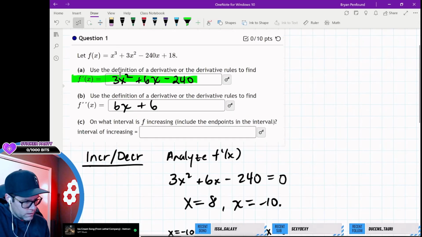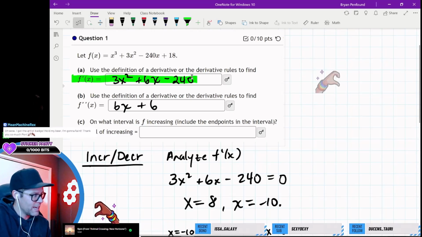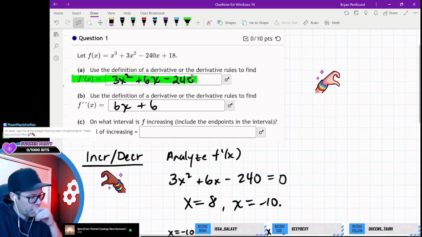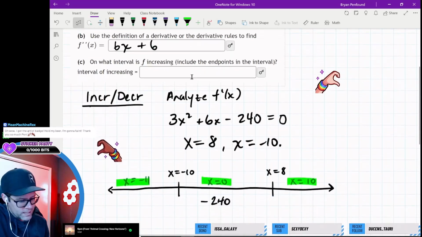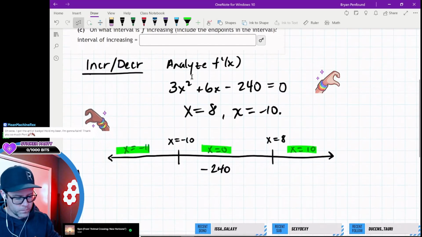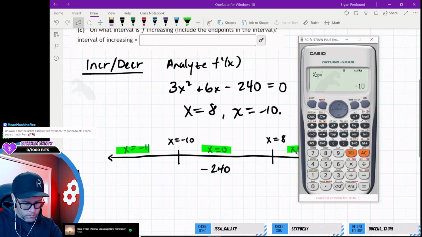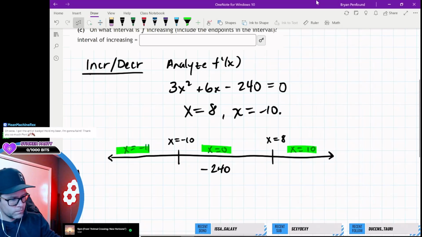So if I put 10 in, what do we get? 300 plus 60, so 360 take 240. What is it, like 120? So here we'll get 120.